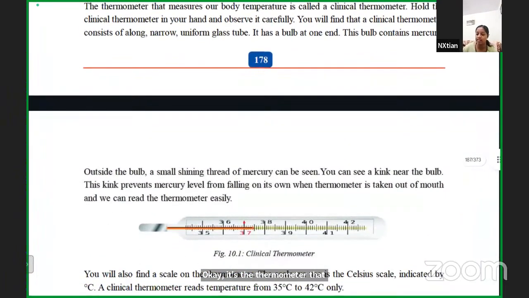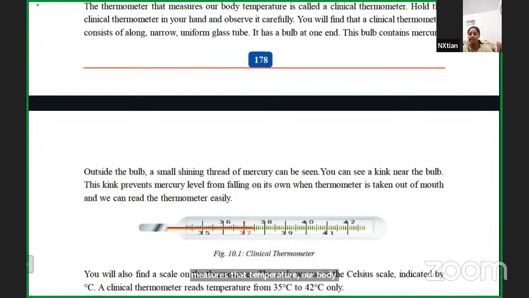It has a narrow glass tube and a bulb at one end, which contains mercury. When we put it close to our body, the mercury rises up to the temperature that our body is having. It measures our body temperature.